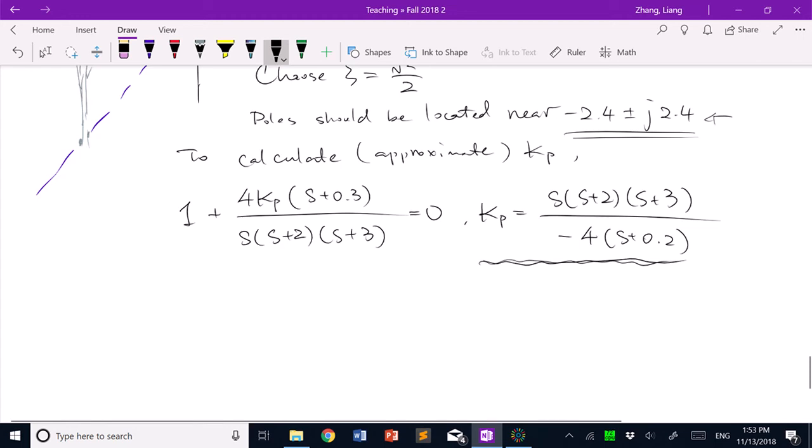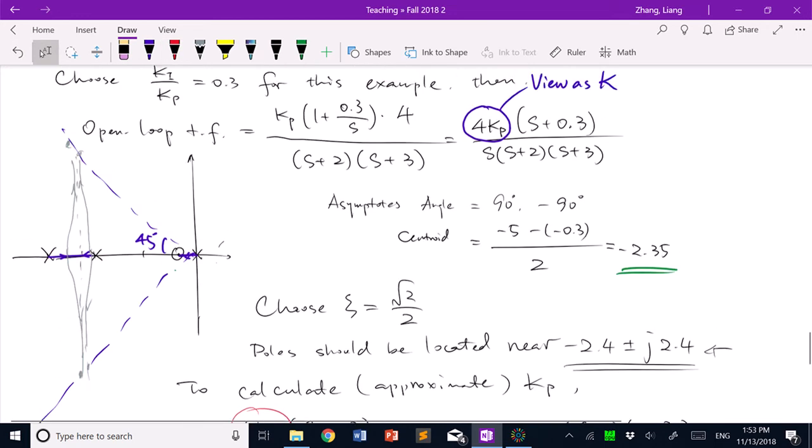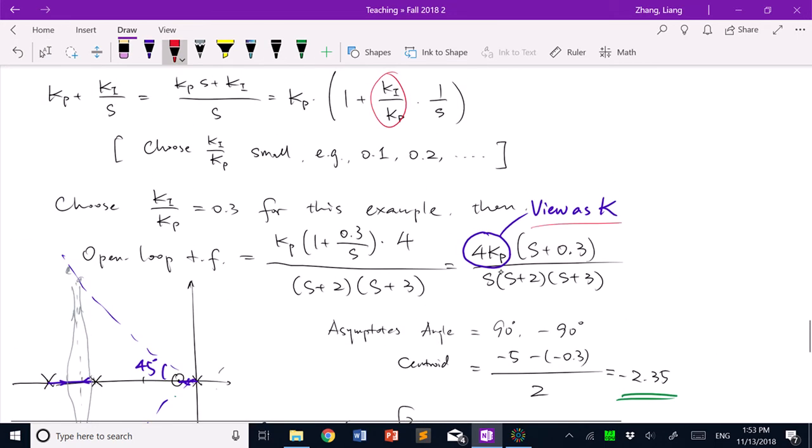And to overcome this problem, we're going to say Kp is going to be a real number since it's on the root locus, right? You have this K on the root locus, and you want this to be a positive number, so Kp has to be positive.